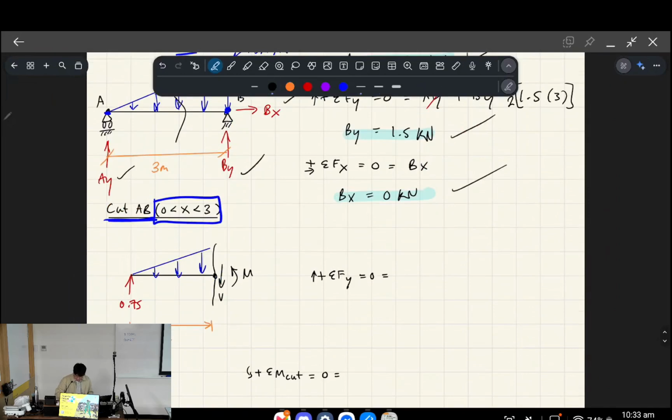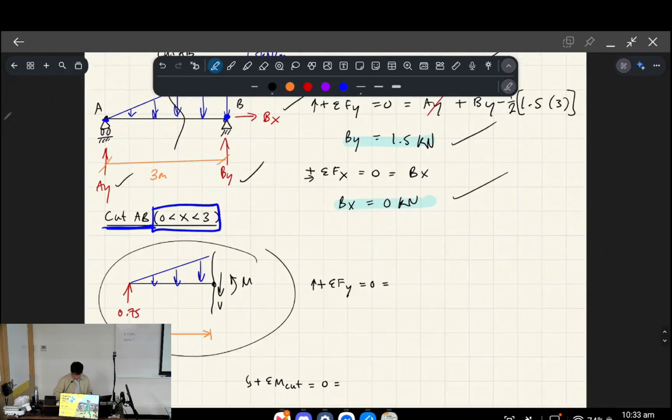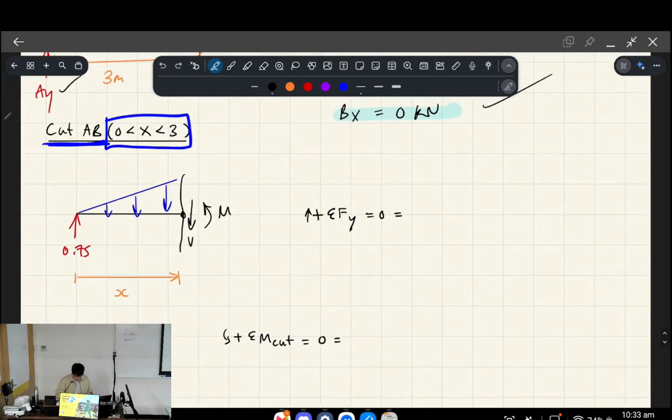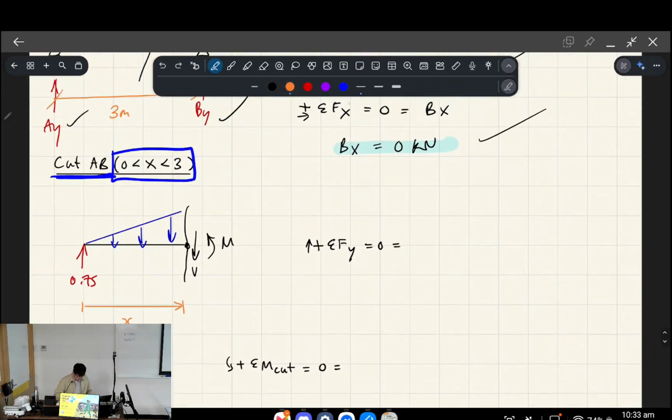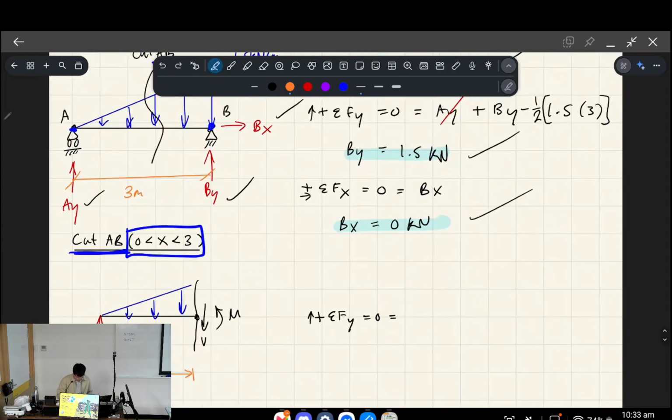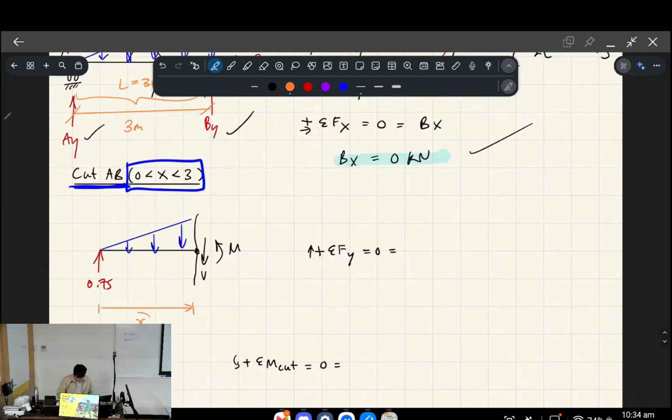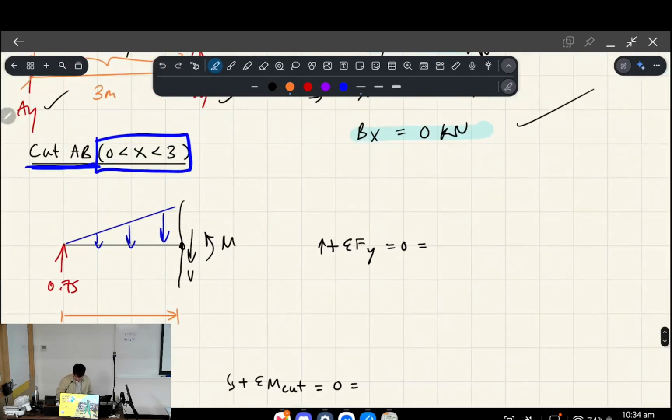All right, now we get to the point where we're looking at the internal forces and we're going to solve for them. The first thing you've got to realize is that instead of a proper length, because this length L is equal to 3 meters, we have a variable distance, X. This variable distance, X, describes everything from our starting point to where the cut is currently up to.